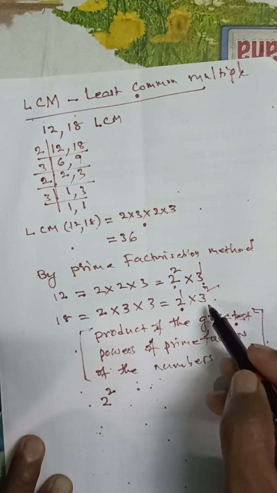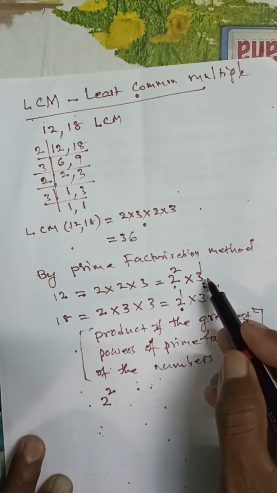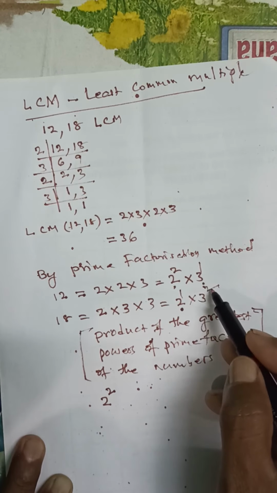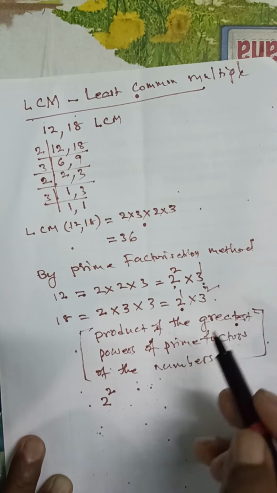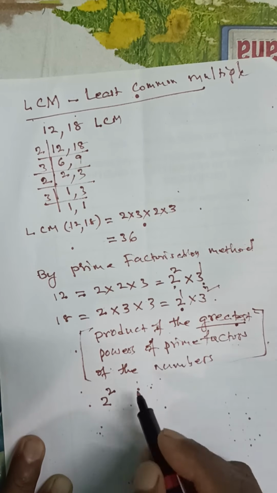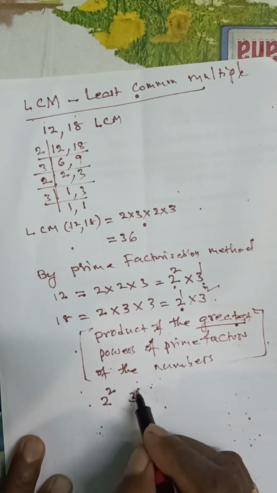And for 3 square and 3 to the power of 1, the exponent 2 is greater than 1, so the greatest power is 3 square.